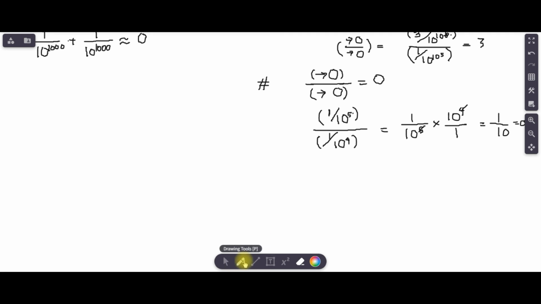This is close to 0, but if you want to understand better, I'll choose another number. I'll erase this and choose another number which is smaller than 0.1. What I'll do, I'll take 1 over 10 to the power 5, where the raised power, that is, the power, is 1 lakh, and divide by 1 by 10 to the power 4.